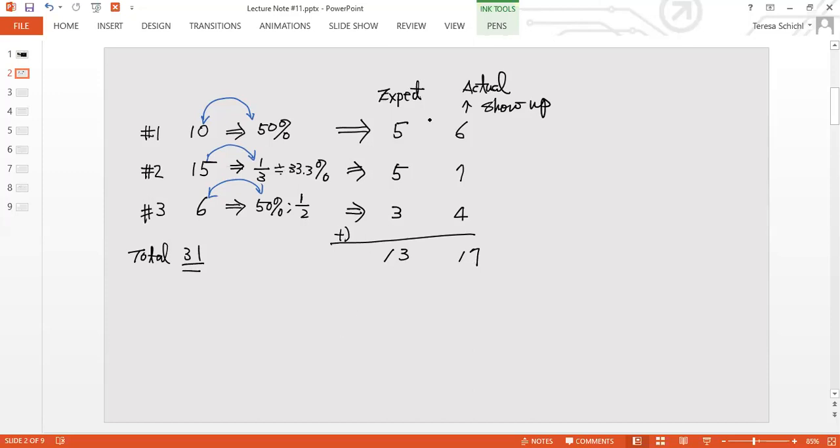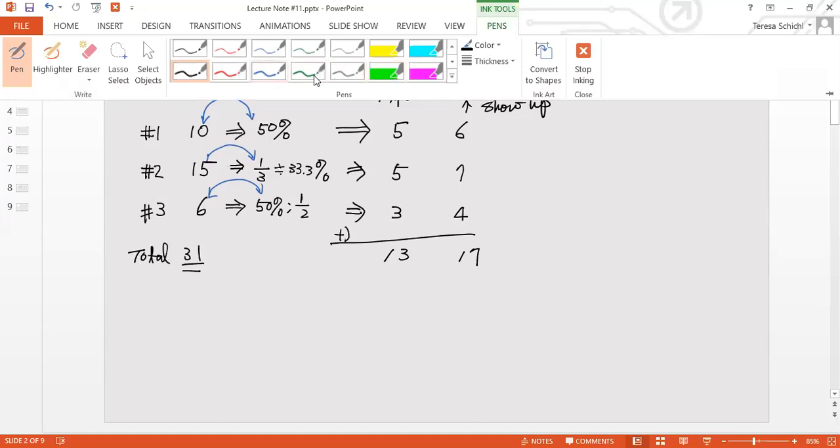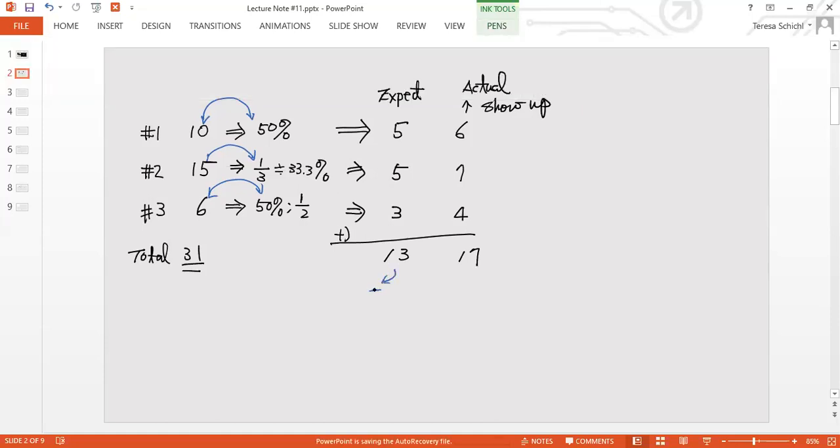So this number, we call it the expected value, right? Of course, later we will have a more solid definition, but you can see the expected value is just the number times the probability, then you add them up. It's kind of intuitively true, correct? Then the actual show up is 17 here.